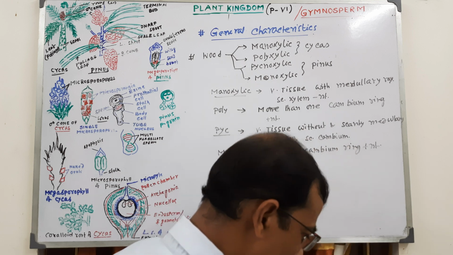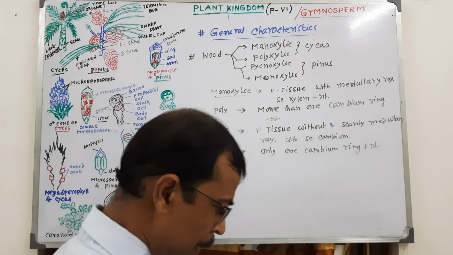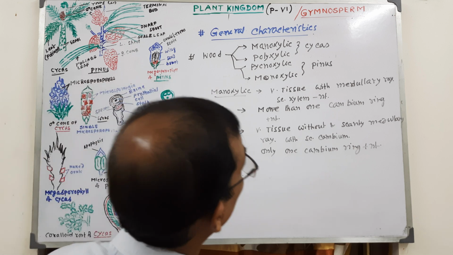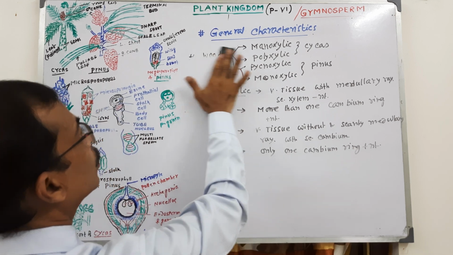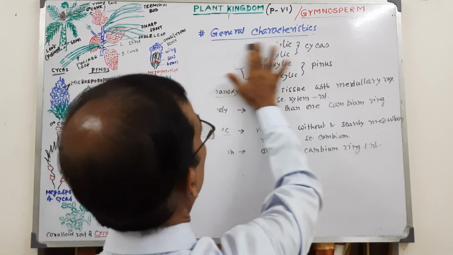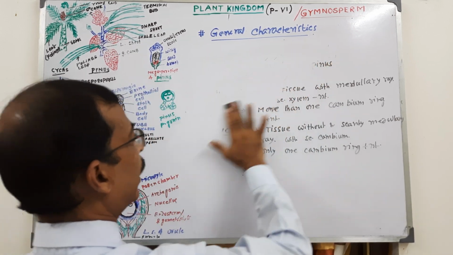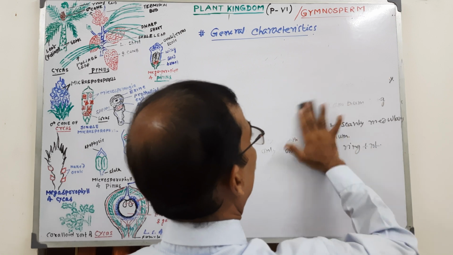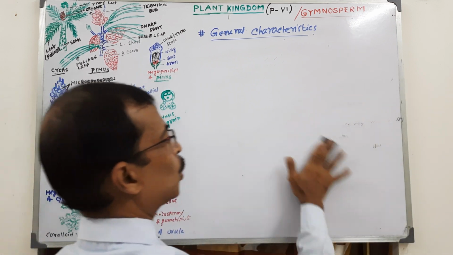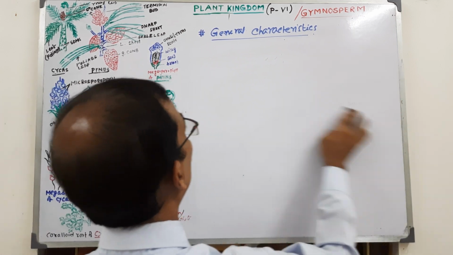Now about their dominant plant body. Because they are sporophytic and show diplontic type of life cycle, their main plant body is dominant.